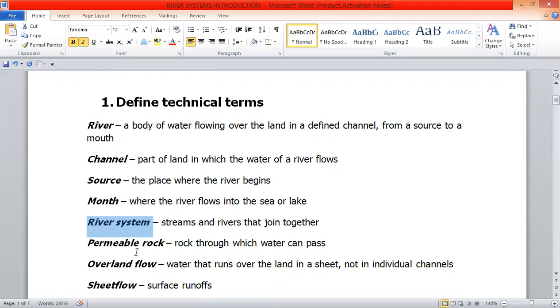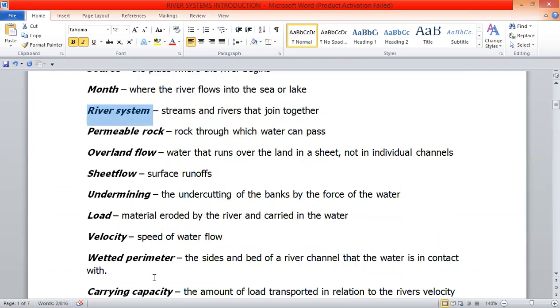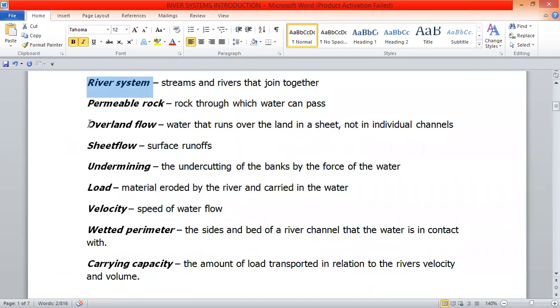And the opposite is impermeable rock. And then overland flow is water that runs over the land in a sheet, not in individual channels. So it's water that is just flowing on the land. It is called overland flow.